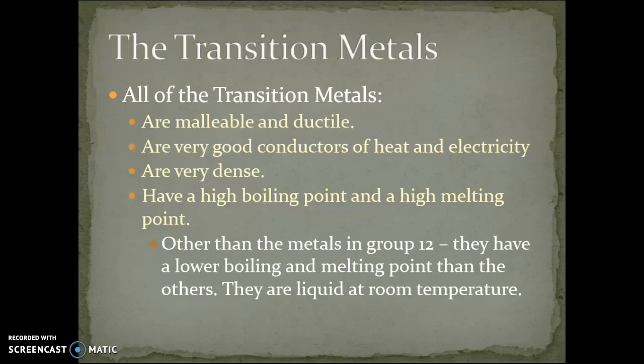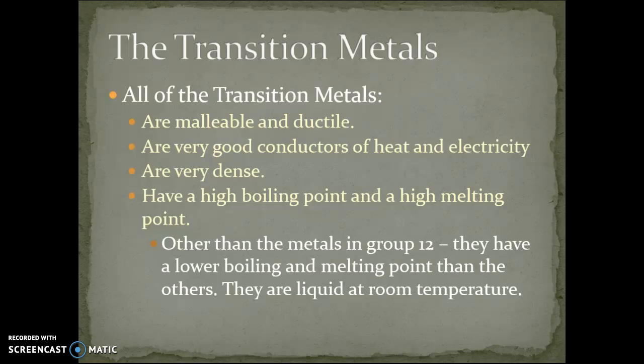Aluminum foil is a sheet of the metal aluminum, and the fact that we can make aluminum into a foil like that shows that it is malleable. Ductile means that it can be stretched out into a wire. Think of copper. Copper is often made into wires, so copper is a very ductile metal. It can be pulled out into a wire shape.